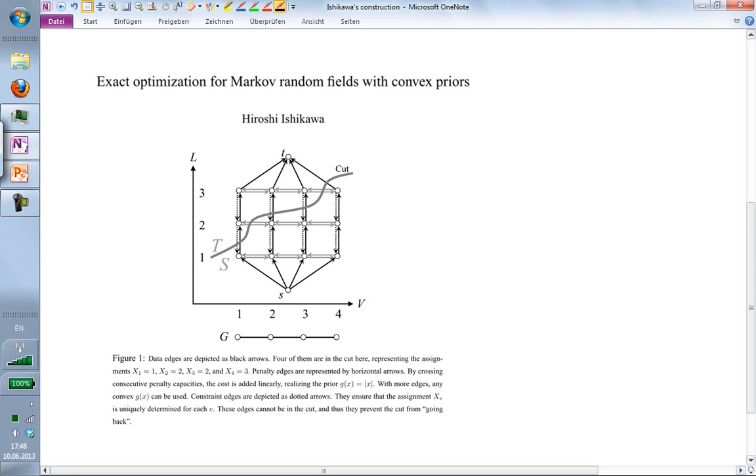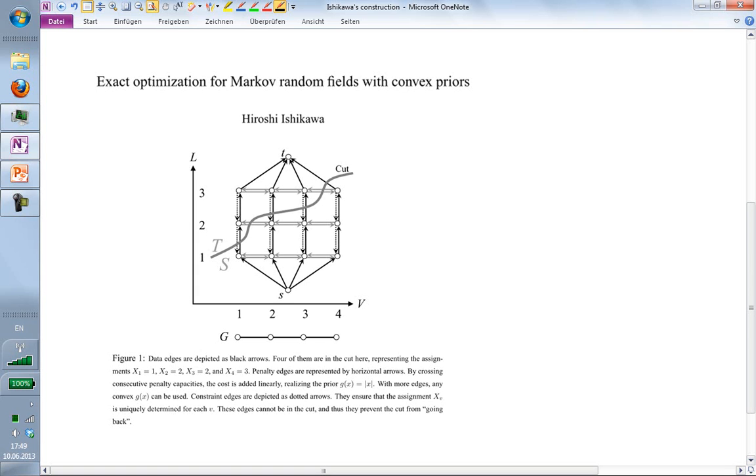We have these forward arrows that encode the data term. So these forward arrows tell me, let's say for this vertex here, disregarding what the neighbors do, where I should preferably cut. So I can choose the capacities of these forward edges such that the label is given which is in best agreement with the local data.